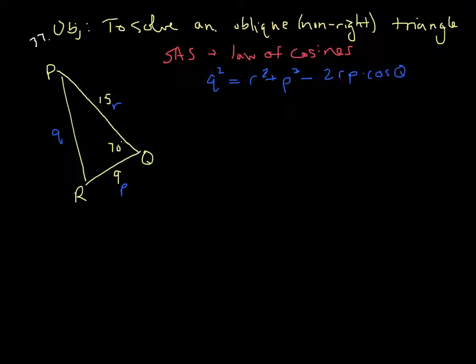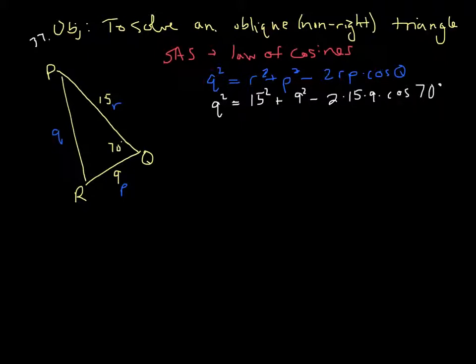So all I have there is a modified version of my law of cosines. And I'm going to go ahead and plug stuff in. So I don't know q, that's going to be what I'm looking for. R squared is 15 squared plus p is 9. So I've got 9 squared minus 2 times 15 times 9 times cosine of 70 degrees.